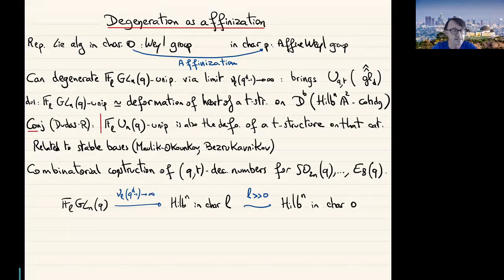So what happened is that by taking this limit, by degenerating GL and q, we're dealing with Hilbert schemes in characteristic l. So going from characteristic l to characteristic 0, relating the two, is the idea that when l is big enough, things are going to stabilize, and it's going to be the same as in characteristic 0.